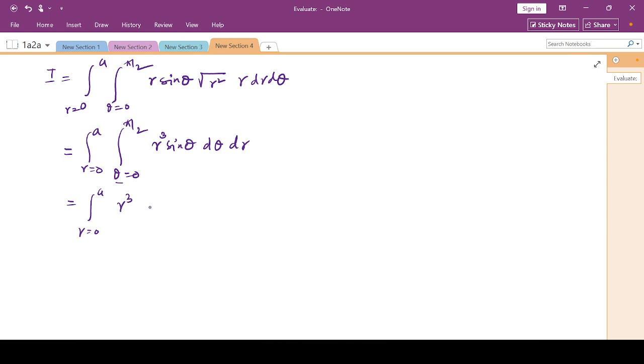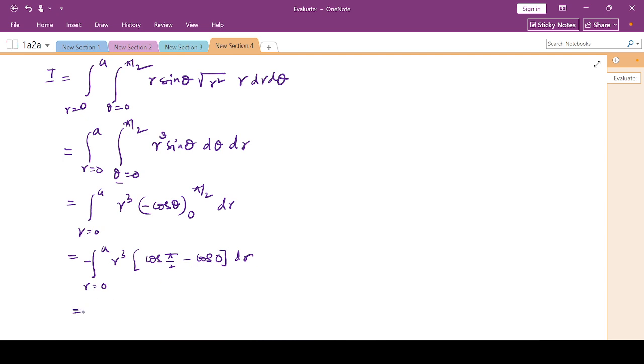The integration of sin theta is minus cos theta between the limits 0 to pi by 2 into dr. So take the minus sign outside: r cube into upper limit cos pi by 2 minus lower limit cos 0 into dr. Cos pi by 2 value is 0, cos 0 is 1, so 0 minus 1.